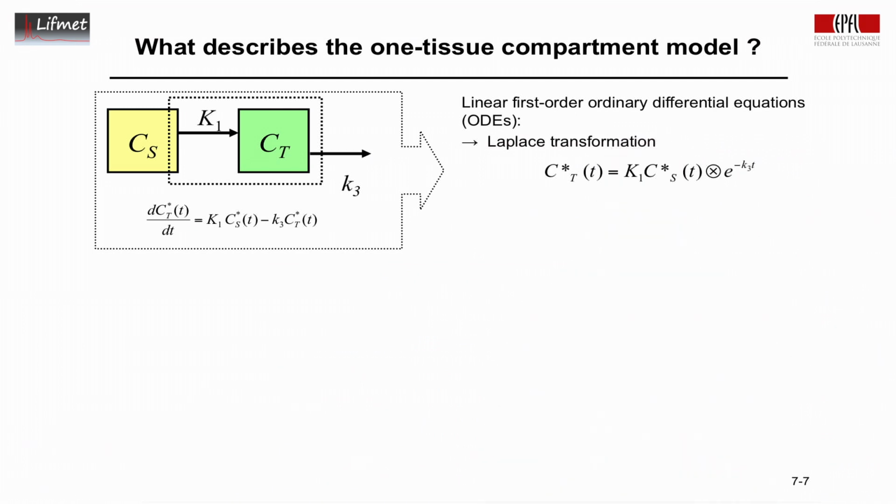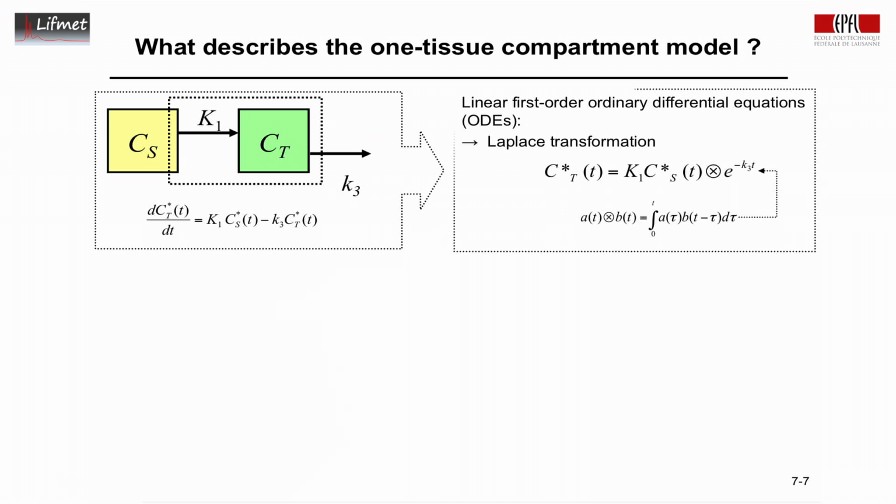The solution is then given by the tissue radioactivity. The tracer in the tissue equals K1 times the precursor, CS star, as a function of time, convoluted with e to the minus K3t. Mathematically, the convolution is this mathematical operation, and so this is in principle the solution that we can obtain.